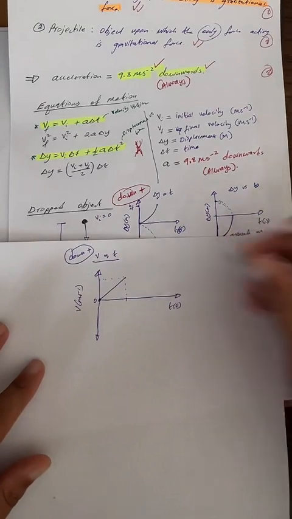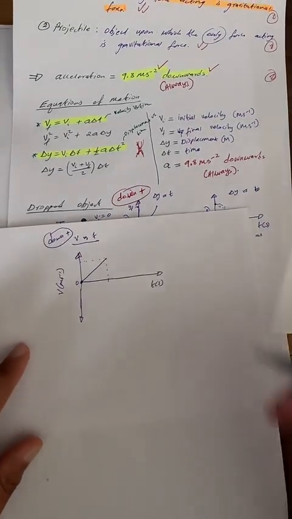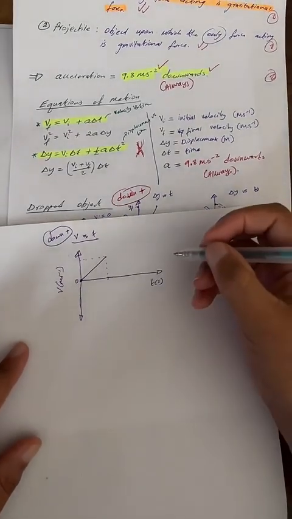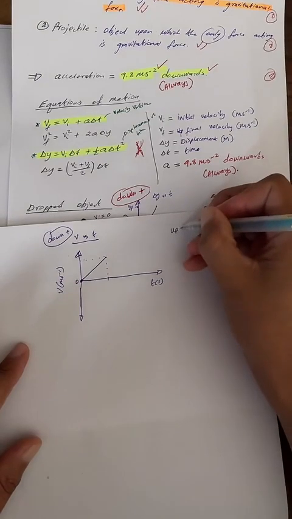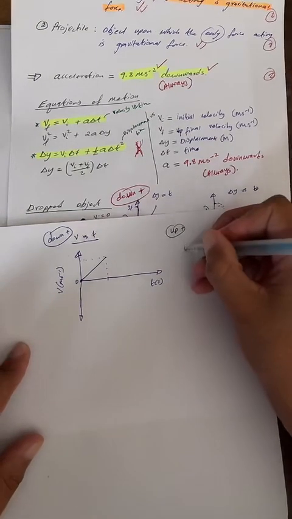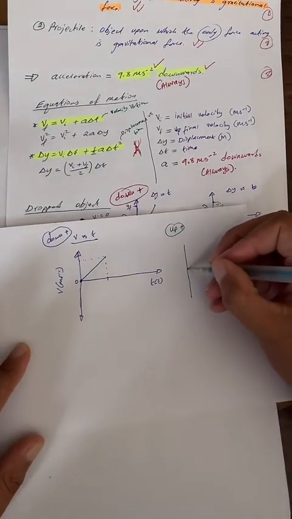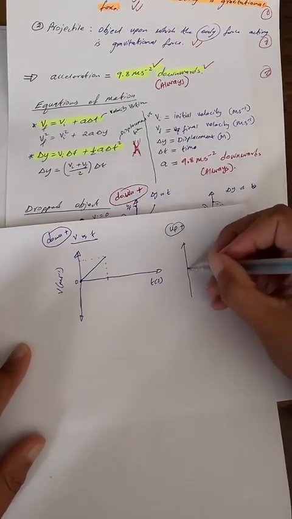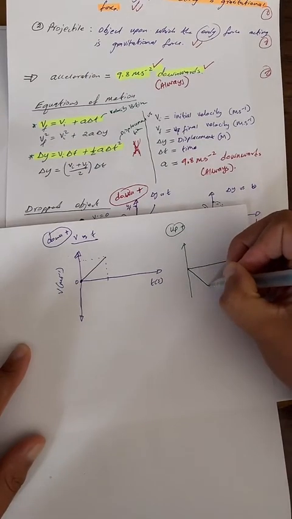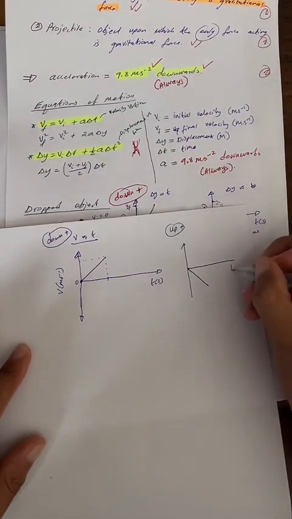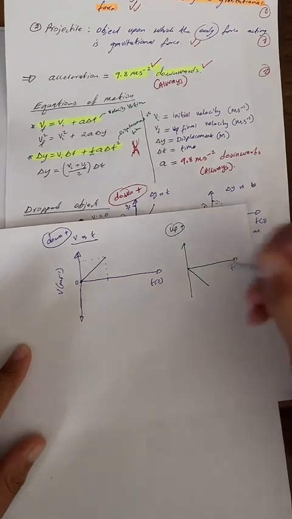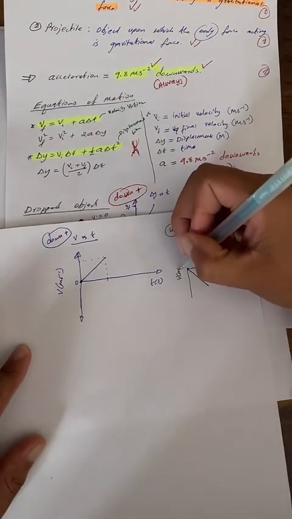Now, if you choose up positive, let's use a different color. I hope that's visible. If you choose up positive, you still have the same shape, but now when you change direction, they mirror each other on the x-axis. So this is up positive, this is time in seconds, and this is velocity in meters per second.